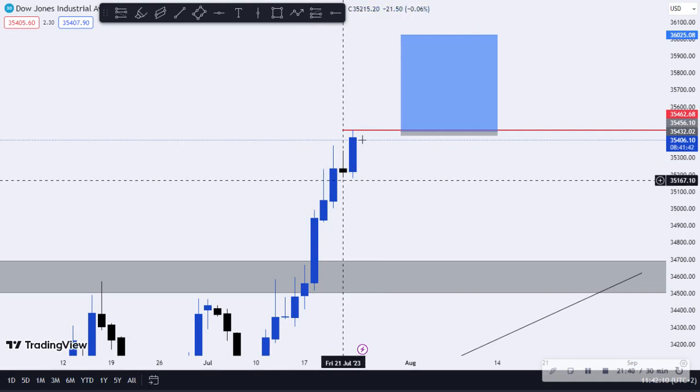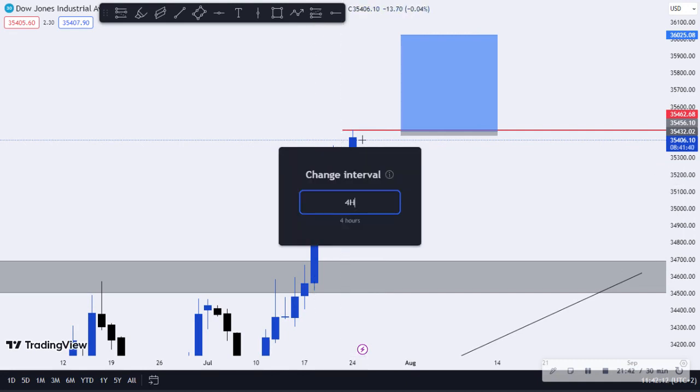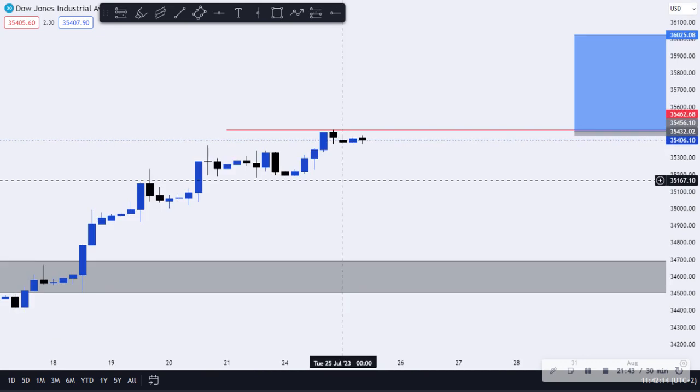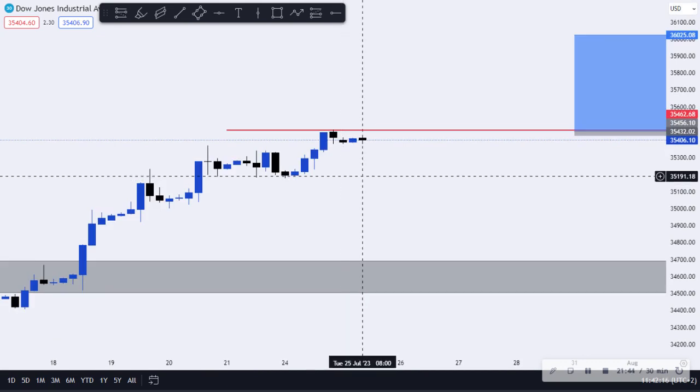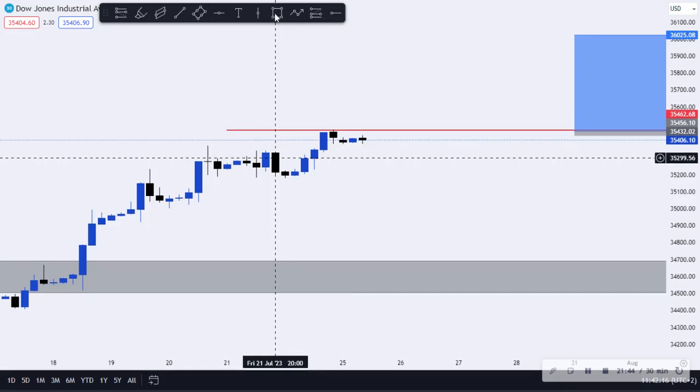Let's go to H4 just to see how this is a support. Because now this is what we see, right? We're still on preparing and predicting.